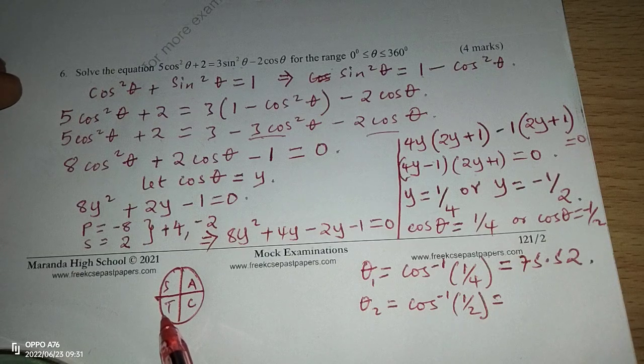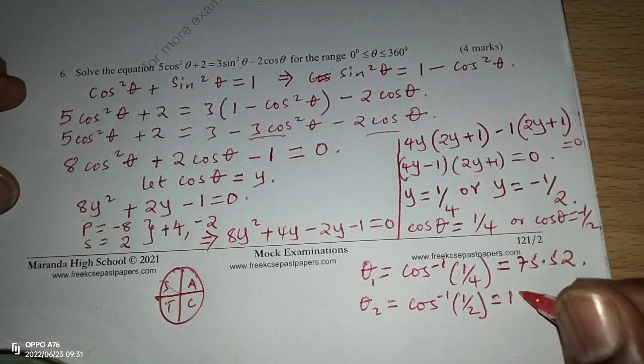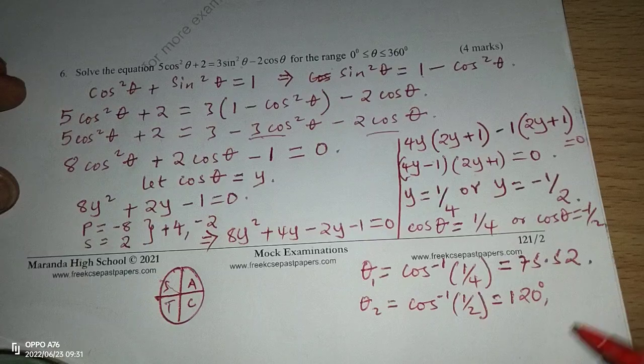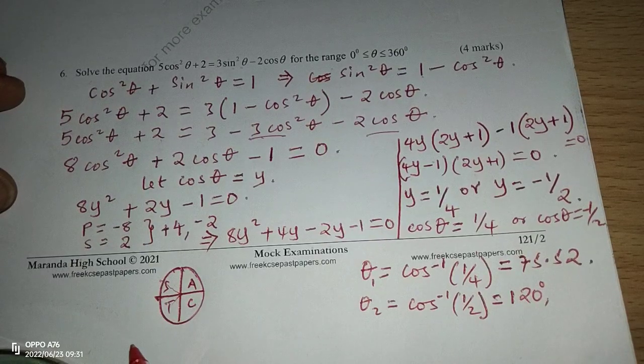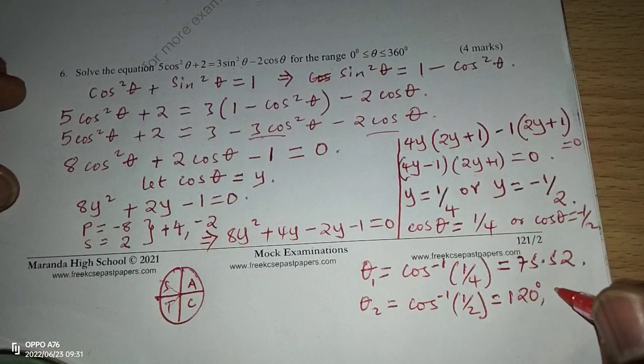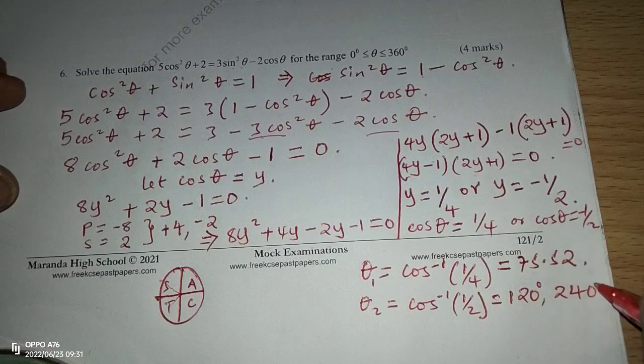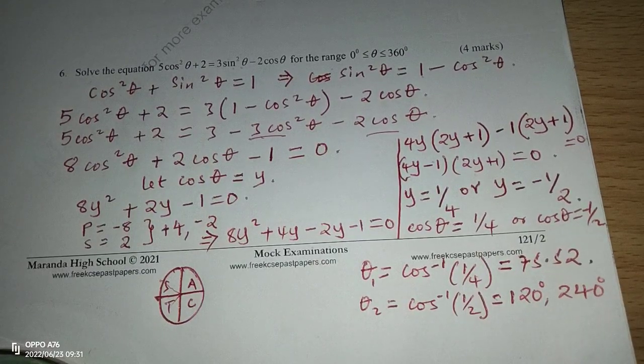Therefore, this means that 60 degrees in the second quadrant is 120, and 60 degrees in the third quadrant is 240. So we have those three angles now.